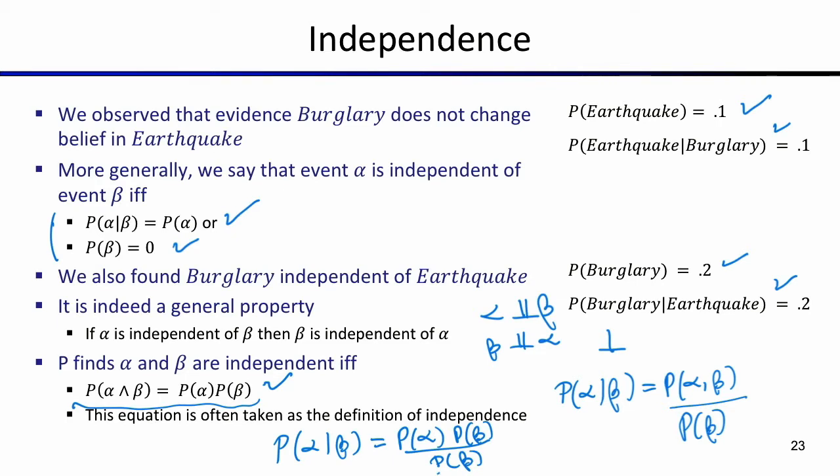And we can cancel out these two, so the probability of alpha given beta is equal to the probability of alpha. So we just showed that this property is true if we have this definition of independence. And we can show also the other way around.